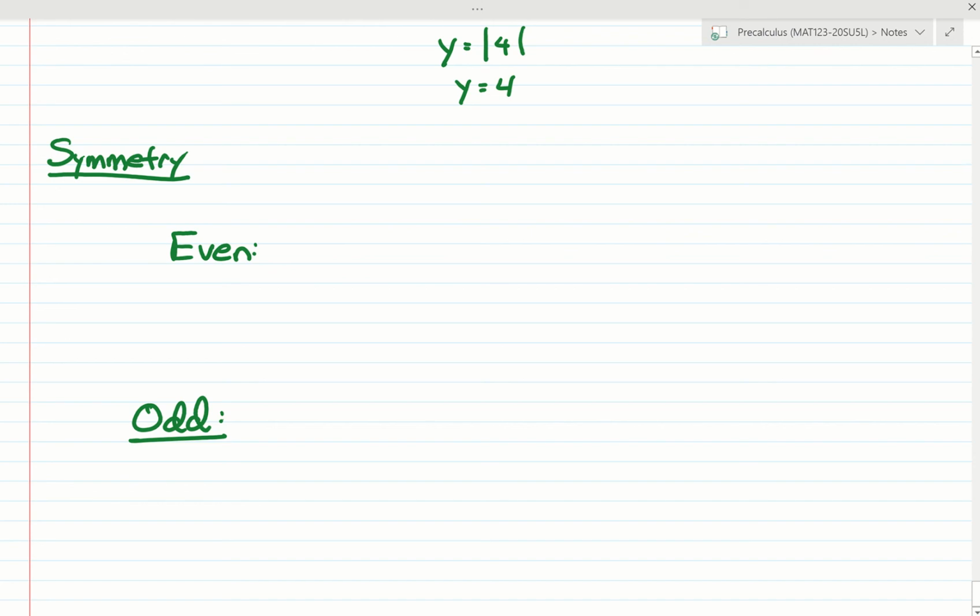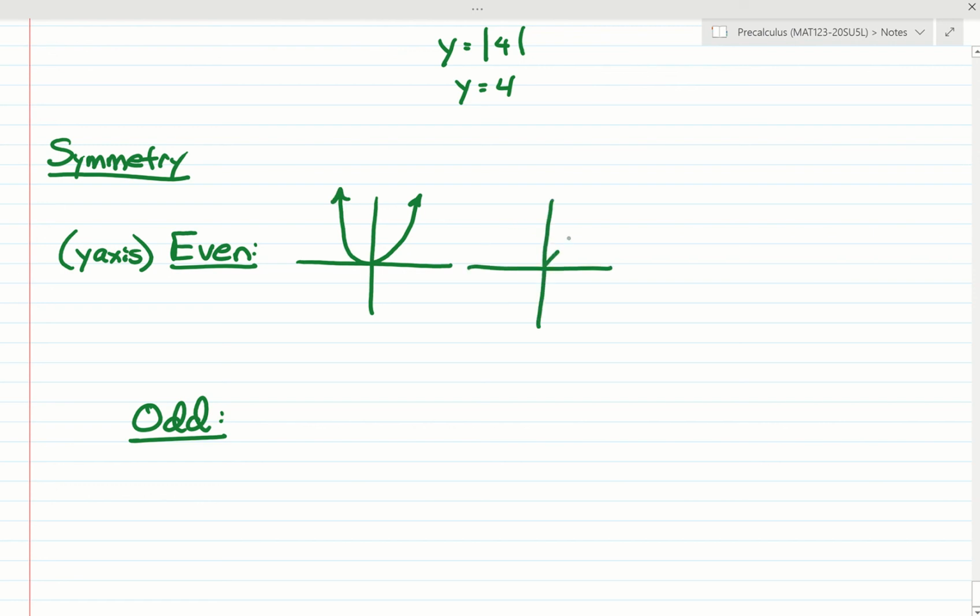Now, when we talk about an even function, it's symmetric over the y-axis. So think about any kind of graph that the y-axis cuts in half. You know, like absolute value, and maybe x squared.